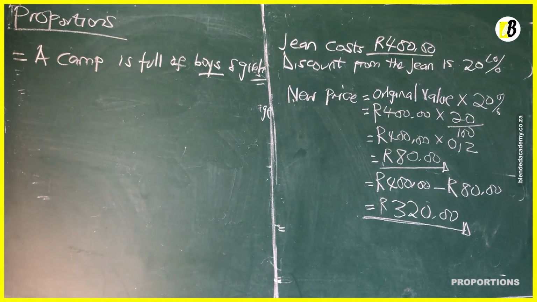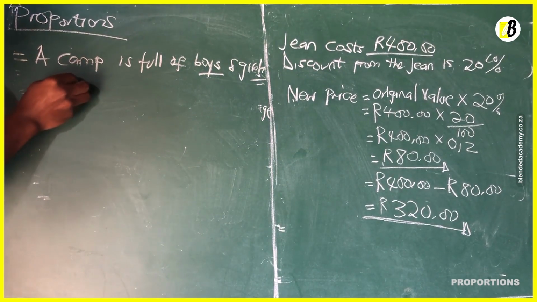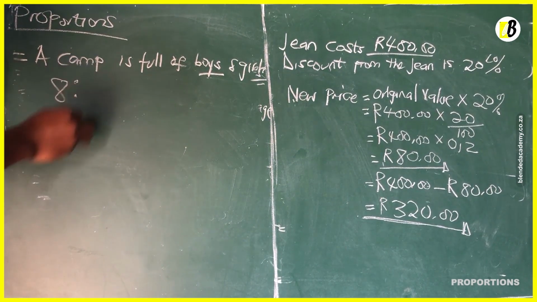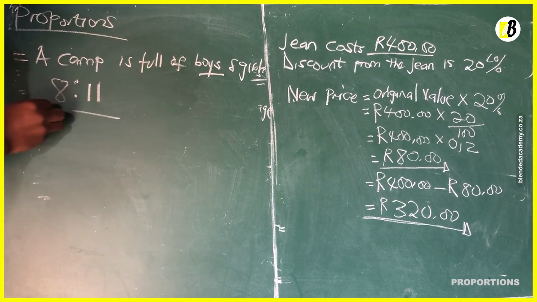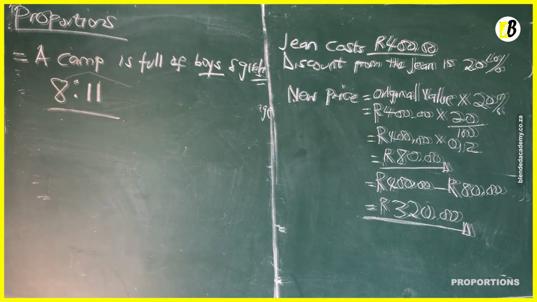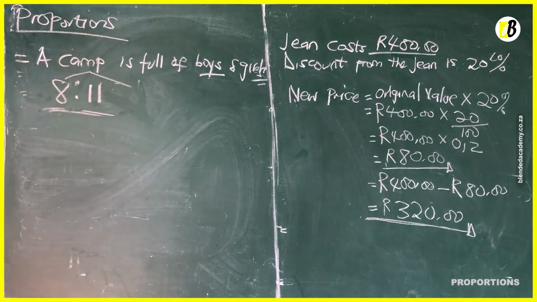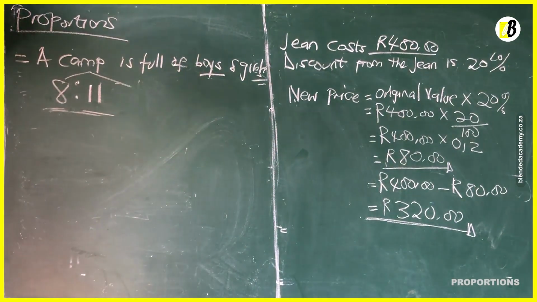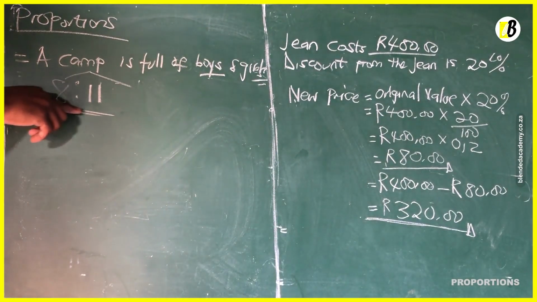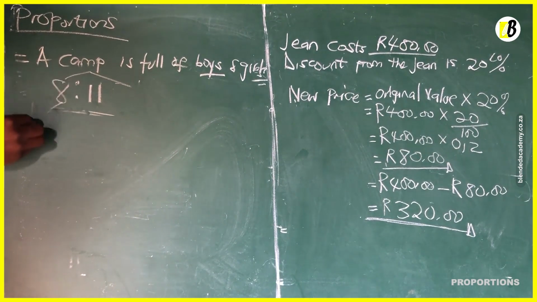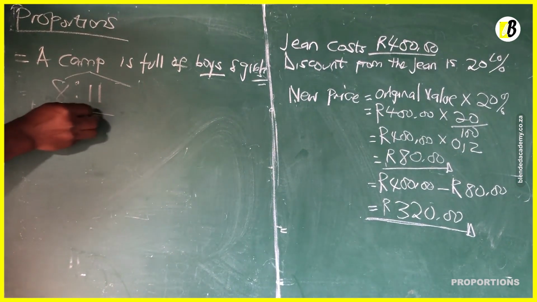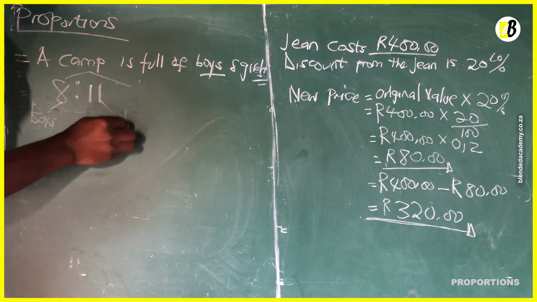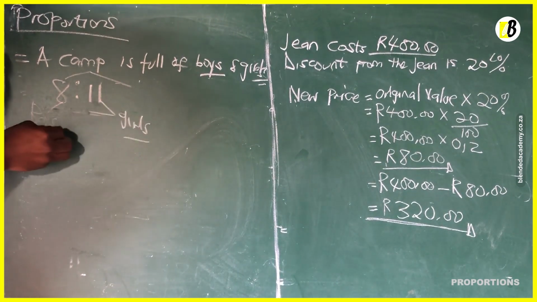And then they said that the ratio of boys to girls is 8 is to 11. That is the ratio of boys to girls. So the camp is full of boys and girls, all right? So this ratio is for boys, and this one is for girls.